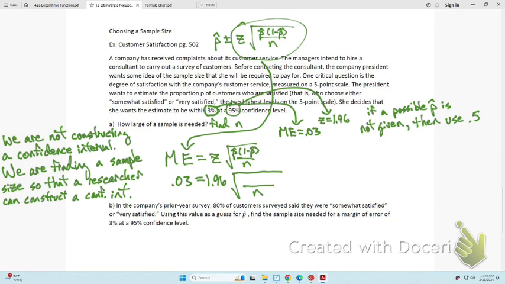It's not being lazy. It's actually being conservative and accounting for the most error. Letting p hat equal 0.5 allows for the most variable circumstance.